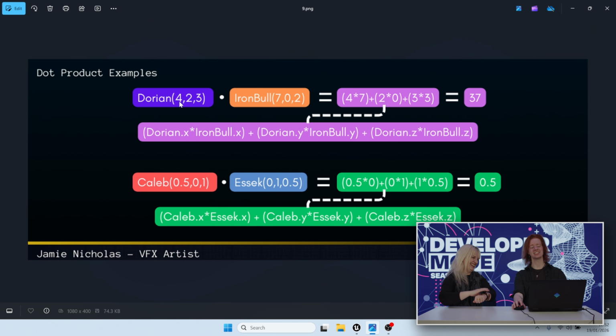If we take the X value of Dorian and multiply it by Ironbull's X value, the Y value of Dorian by the Y value of Ironbull, and the Z value of Dorian by Ironbull's Z value, and then add those together, you get a single scalar variable. A single float value. In this case, we get 37.